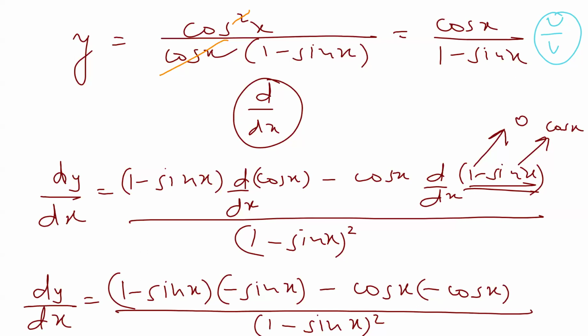So now we'll have to multiply this. 1 into minus sin x, plus, that is minus sin x. So this minus sin x will get multiplied within the first bracket. So dy by dx: 1 into minus sin x is minus sin x plus sin square x.